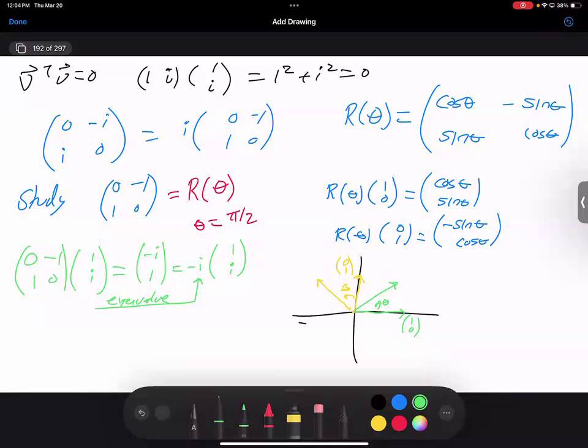And if I want to calculate its length, I really need the complex conjugate transpose. If I do V complex conjugate transpose V, that's going to be 1, minus i with 1, i. And now that's going to be 1 plus 1, which is 2. And that makes sense. This vector should have length square root of 2. So everything works out.